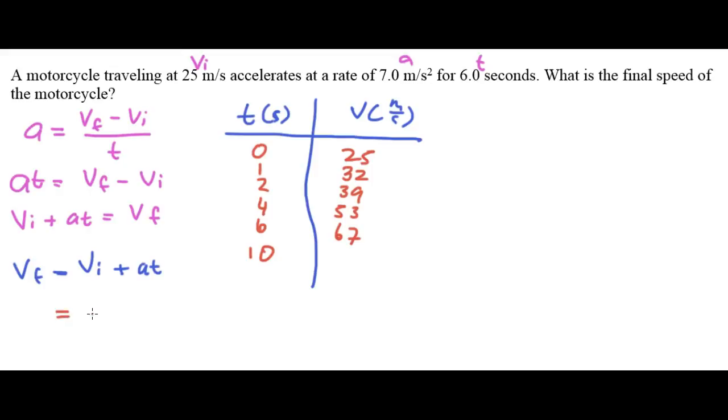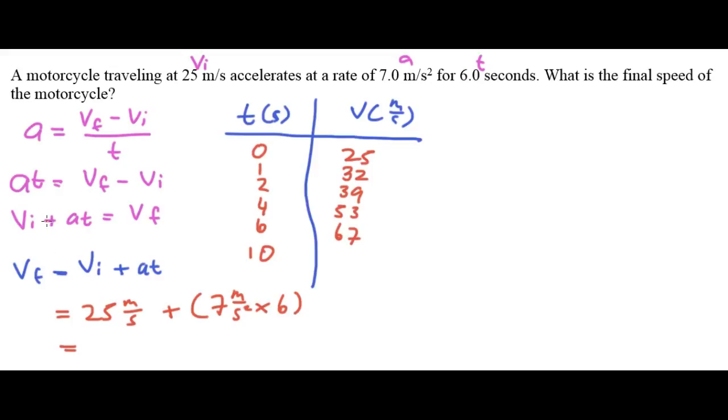So we know at the start it's going 25 meters per second, and then we know that acceleration is 7 meters per second squared, and that is over 6 seconds. Awesome. 6 sevens are 42.